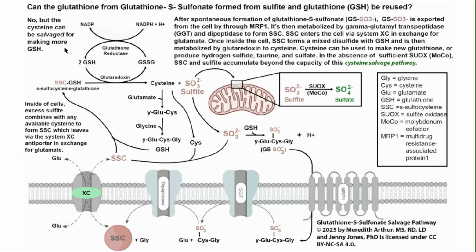So high intracellular sulfite levels from sulfite oxidase deficiency is a severe issue. This is not a good situation at all because you're going to struggle badly with recycling glutathione. So yeah, you're going to end up with some dead end products, right? You'll have too much S-sulfocysteine and too little glutathione.